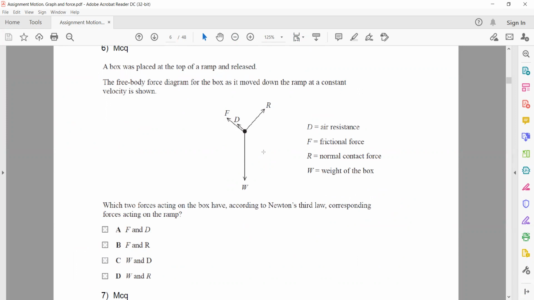So how we can work out, like this object is there, which is on the inclined surface. So weight is acting downward, normal contact force is acting upward.